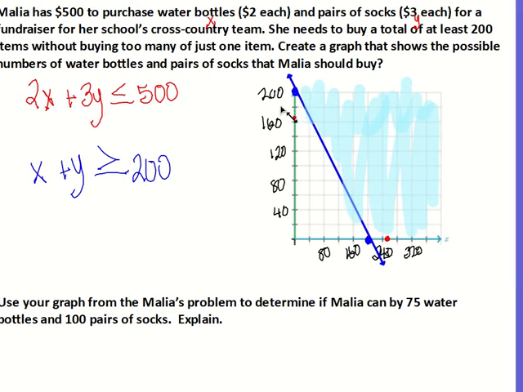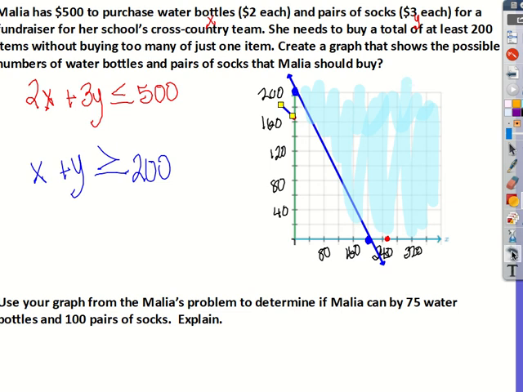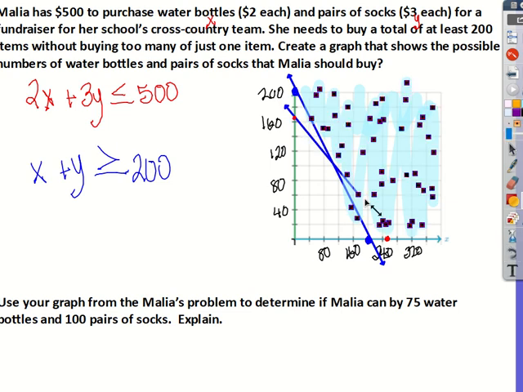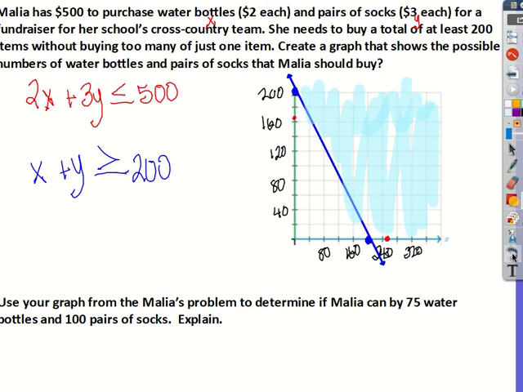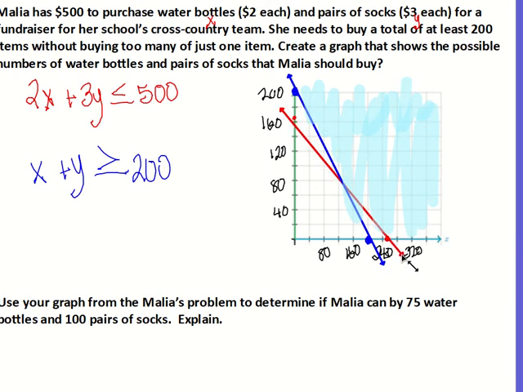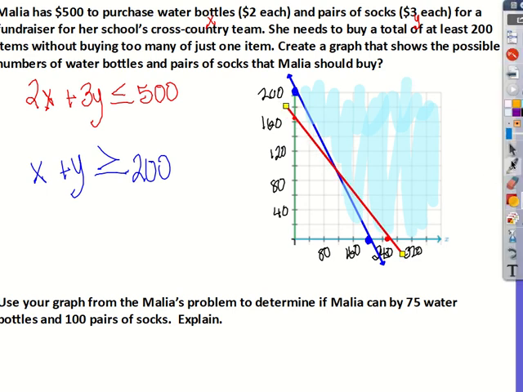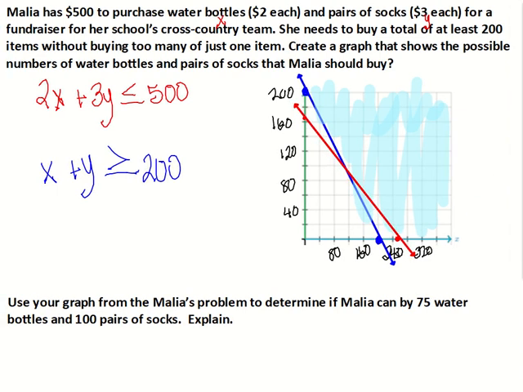We, again, want it to be solid. Let me change my color because it is equal to. There we go. Like this. All right. And then for this one, we want it to be less than, so again, I'm going to pick a little lighter color, and everything that's less than this line would be here.